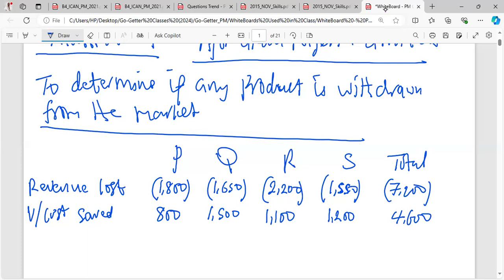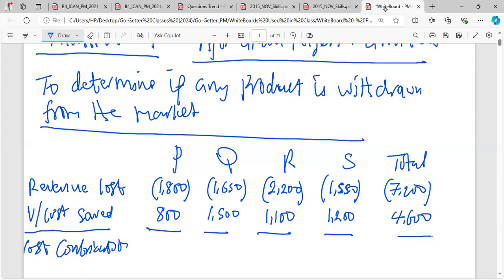So when you do that, this should be lost contribution. So this is 1000 lost. See the contributions we are getting there. Let me just pick them.